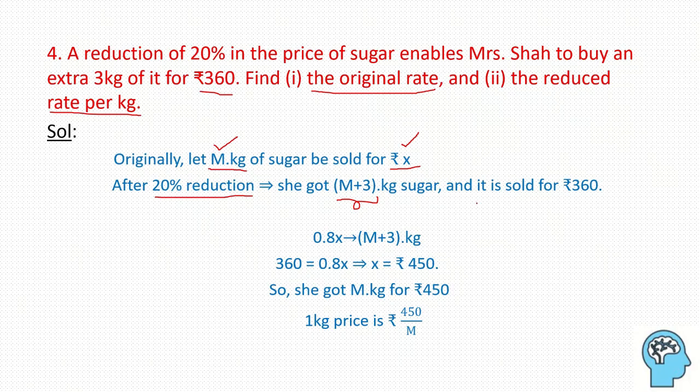And the price is already given as 360. So she got extra 3 kgs, that is m plus 3 kgs, for 360 rupees. So after reduction the price also is given, that is 360 rupees.